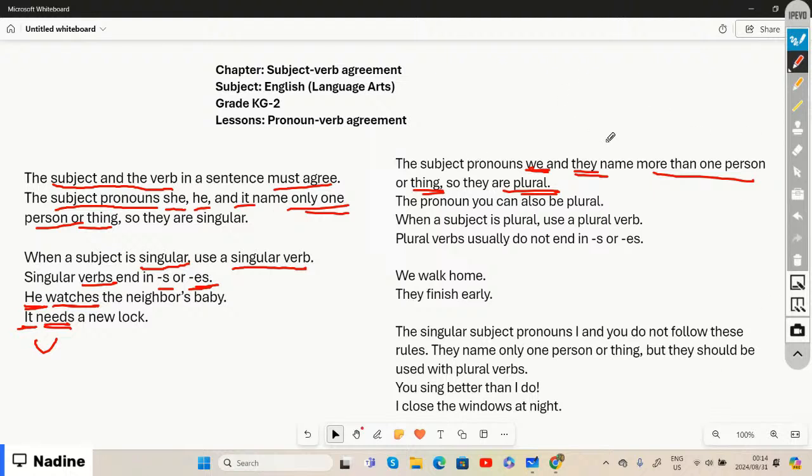All right. So we see that the pronoun you can also be plural, and that is why I made mention of it. You can refer to one person as well as more than one person.